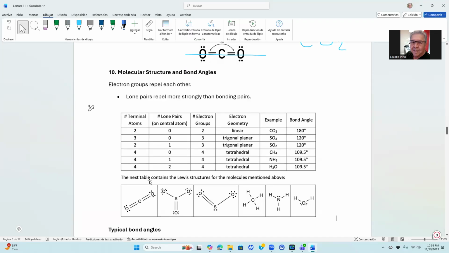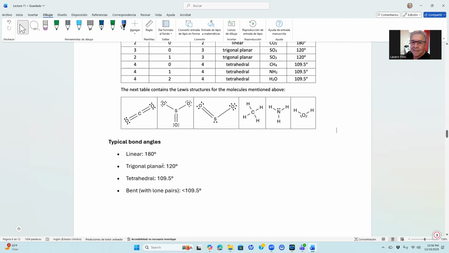But what happens is that carbon dioxide is linear, but SO3 is trigonal planar.